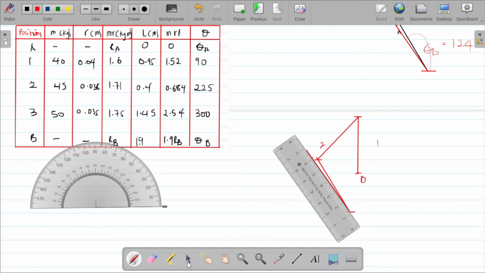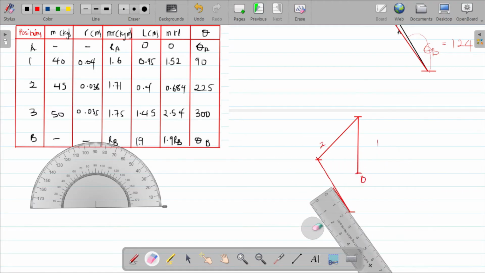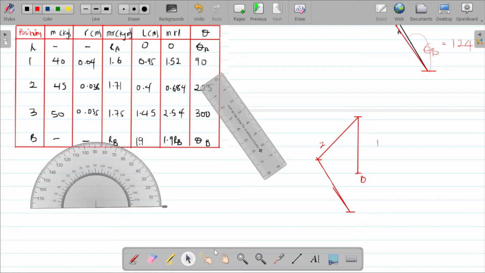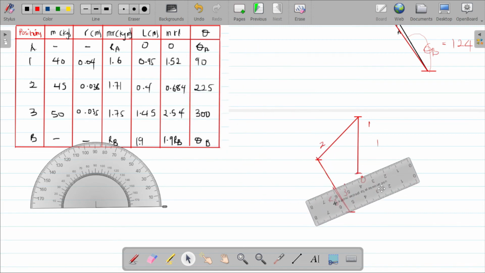So we measure 2 centimeters. Okay. And then, so yes, this one is from 0 to 1, 1 to 2, 2 to 3, and now 3 to RB. So what will join them or close the polygon is the RA that will make a balance, right? So this is the approach, the graphical approach.